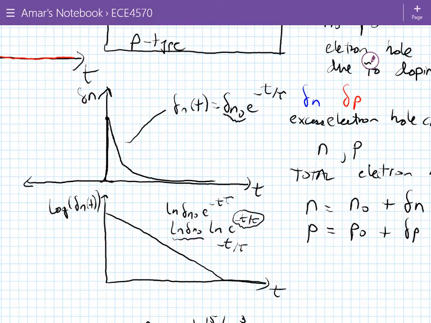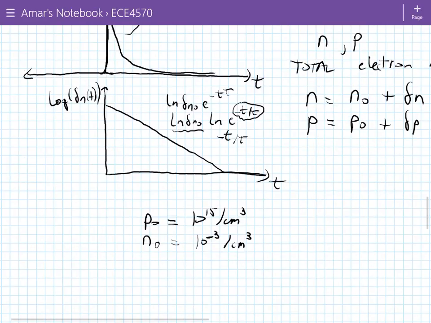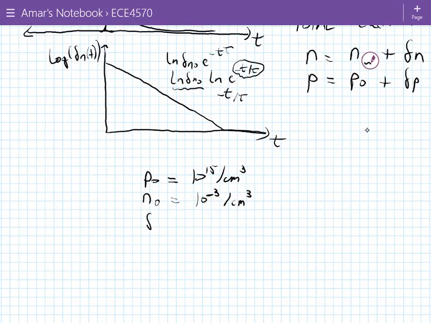It's telling you that the laser pulse created 10^14 excess electrons and holes at time equals 0. So Δn0 is equal to 10^14. And since they're created in pairs, Δp0 is equal to Δn0, and that's 10^14 per centimeter cubed.